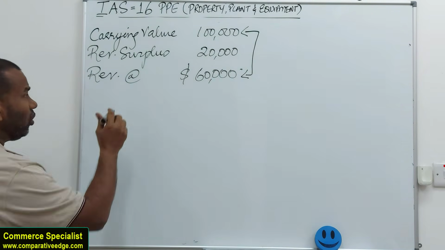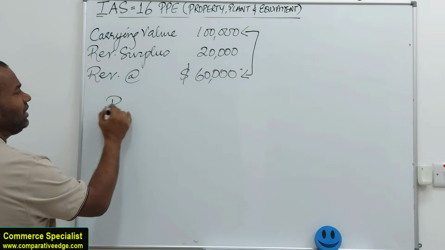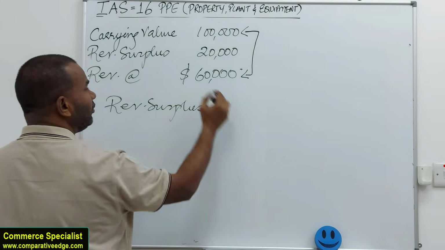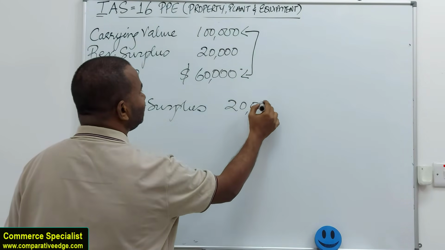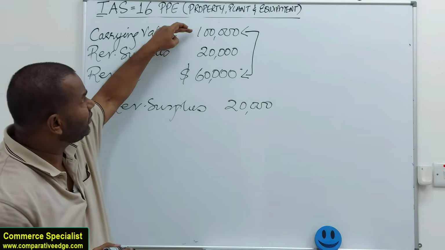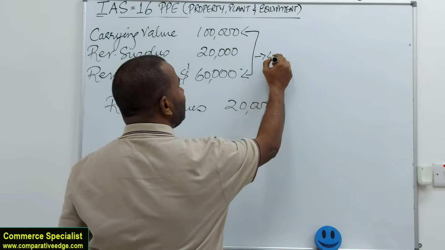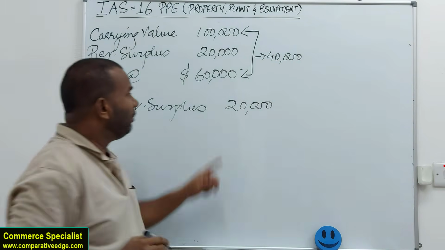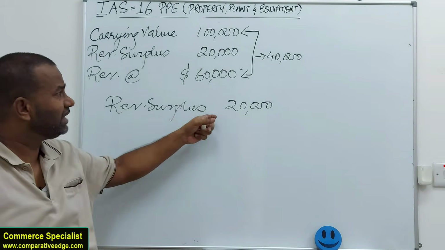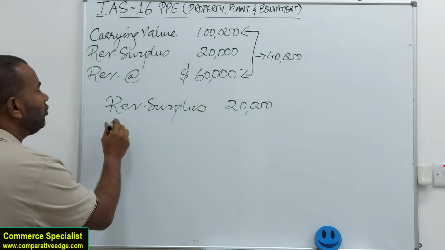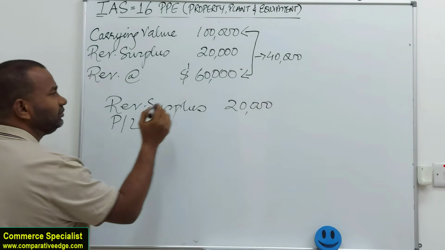So now when I record it, I will debit the revaluation surplus, which is how much? 20,000. If you look at the difference between these two, it is actually 40,000. By 20,000, I have cancelled the existing revaluation surplus. Another 20,000 would be charged to profit and loss.